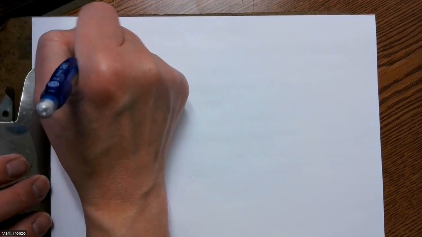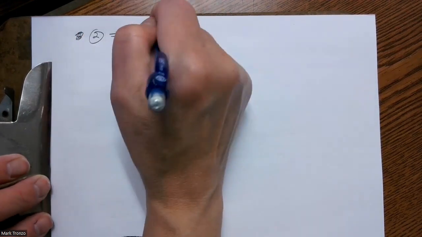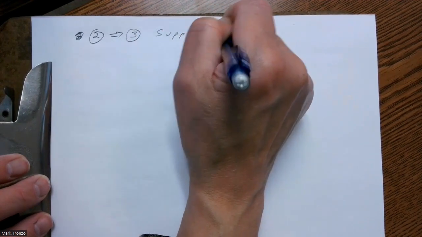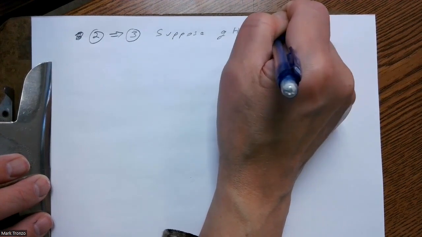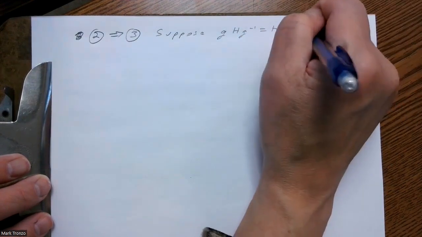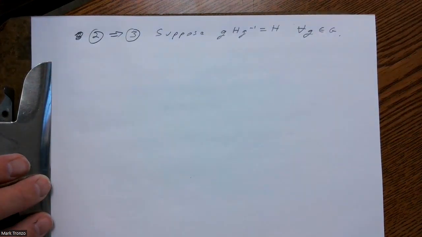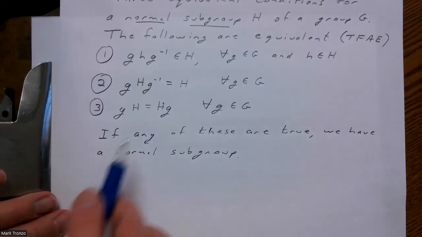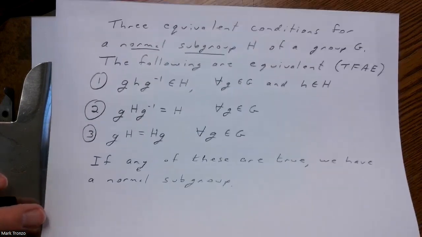So this one we're going to do 2 implies 3. So suppose GHG inverse is equal to H for all g in G. And now what we want to try to show is that this is true. So let's start this way.